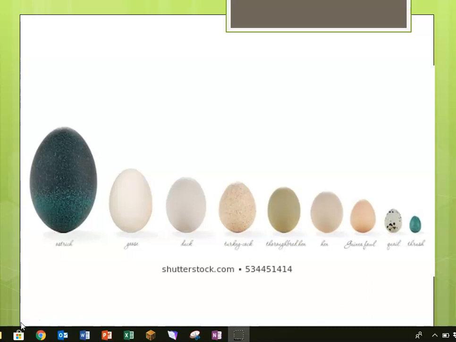It's always 12 eggs. But 12 ostrich eggs, that's the black ones on the left-hand side, are going to weigh a heck of a lot more than 12 quail's eggs. The quail's eggs are the little speckled ones second from the right.